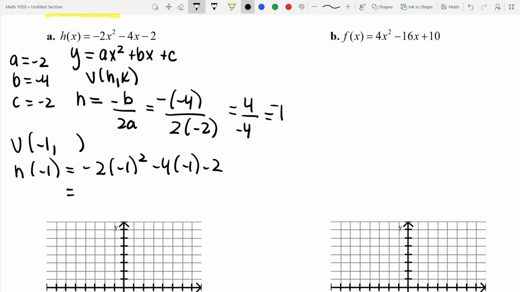Everybody go negative 2, parenthesis, negative 1, close the parenthesis. Left-hand side, 6 buttons down, hit the x squared button, minus 4 parenthesis, negative 1, close it, minus 2, enter, and you get a 0. So my vertex is negative 1 comma 0.